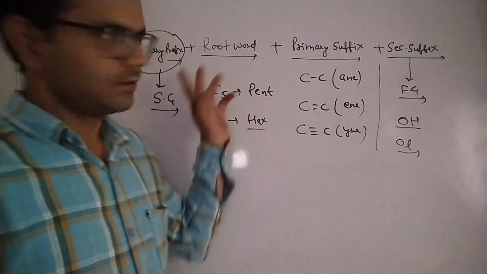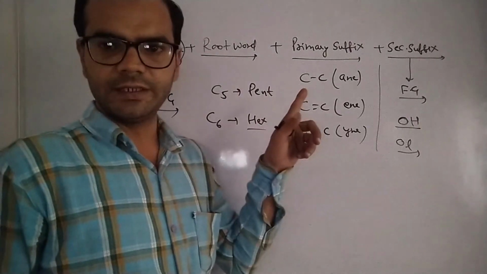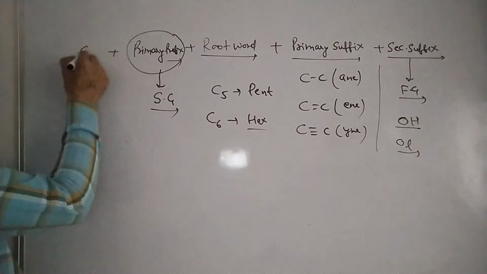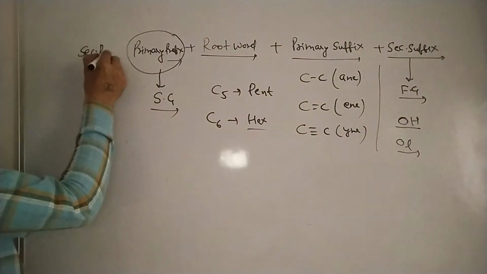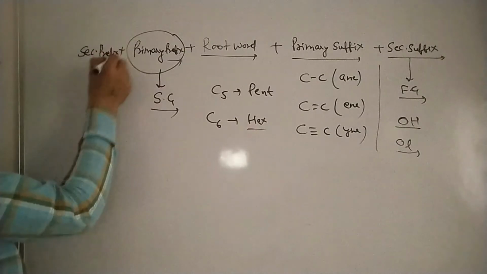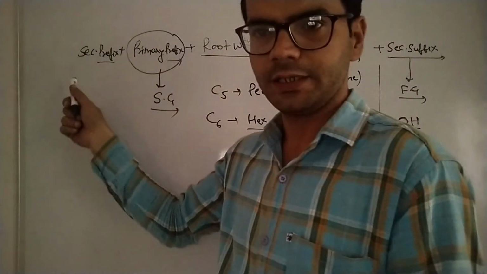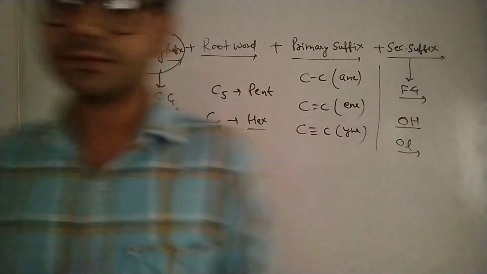These are the 4 things, and the 5th is used only when there is a cyclic compound, that is the secondary prefix, used only for cyclic compounds.